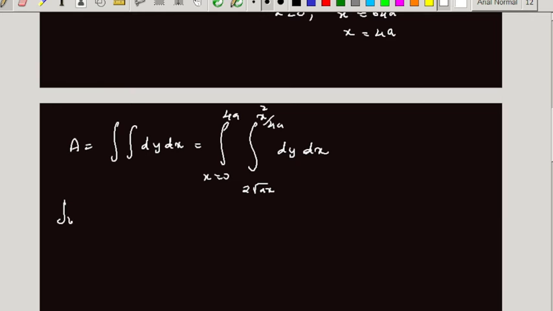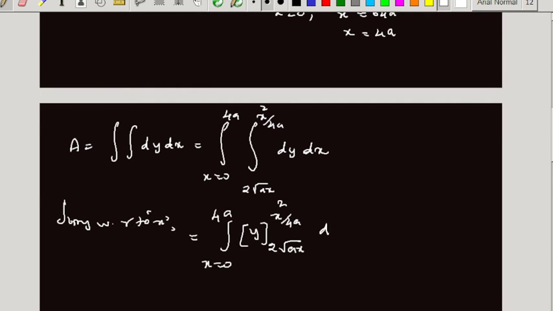So integrating with respect to y, we can write it as integral x is 0 to 4a, integration of dy is y, limit is lower limit 2 times square root of a into x, and upper limit x square by 4a, into dx.